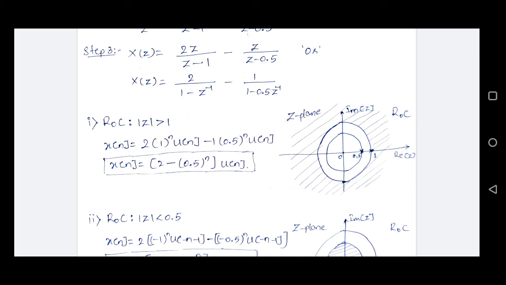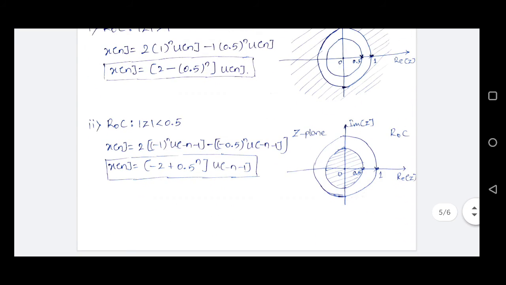Now if we consider the region of convergence for z values less than 0.5, again on the right hand side I have drawn a z plane. We have two circles with the radii of the two poles, the inner circle with a radius of 0.5 and the outer circle with a radius of 1.